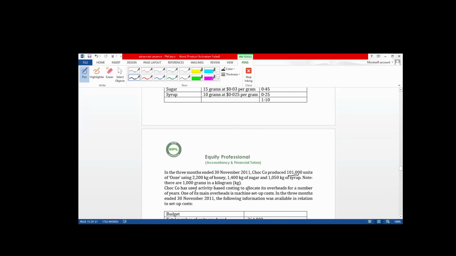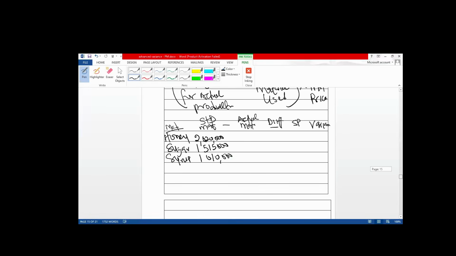Now note, there are 1,000 grams in a kilogram. Please multiply this by 1,000. Convert to gram. This is 2,200,000. This will give you 1,400,000.